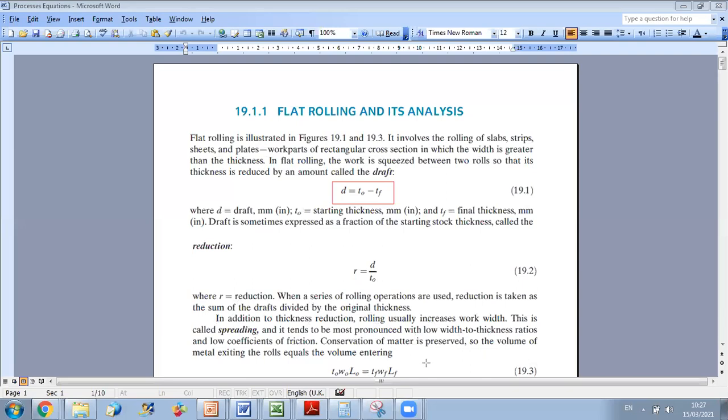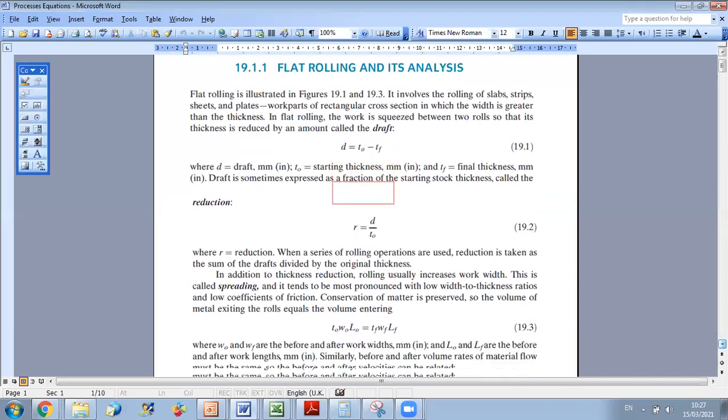Conservation of matter is preserved, so the volume of metal exiting the rolls equals the volume entering. From mass conservation, since we have equal density, we can apply conservation of volume. So the volume entering the rollers will be equal to the volume exiting the rollers. This will allow us to write the following equation.